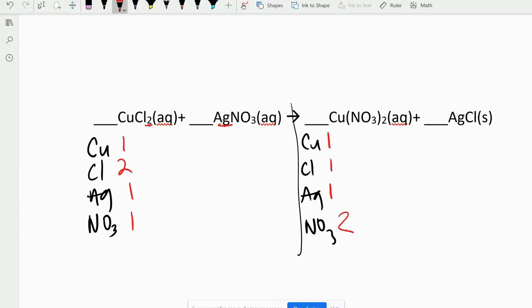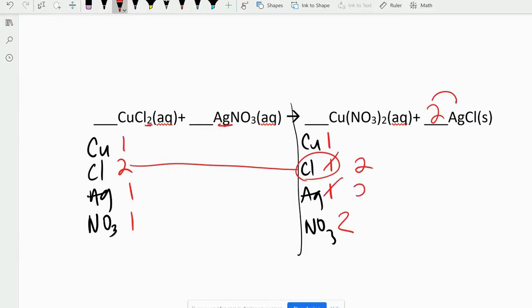I can see that we have the same number of copper, but there is a discrepancy in chlorine. I have two on my reactant side and only one on my product side. So I can only add and change coefficients when I'm balancing equations. I cannot touch subscripts. So if I go to the right-hand side of the equation, I need to put a 2 in front of this compound to indicate that there are two chlorines. Now, what that does is it consequently changes how many Ags, or silvers, we have.